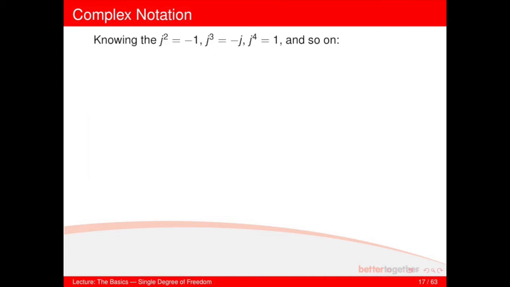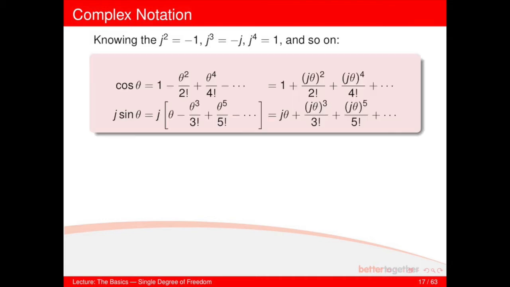Now, we know that j squared is -1. j cubed is minus j, because we've got -1 times j. And j to the power of 4 is -1 squared, which is 1. And so on. And so if you stick that into your equation, so cosine, we'll leave it as it is. Well, in fact, no, we'll stick j theta in there. That can accommodate for the minus, plus, and so on.